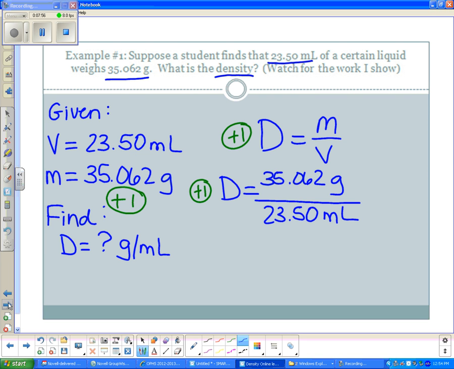Now we're down to our final part where we're going to do our calculation. This is a division step, so we'll take 35.062, divide it by 23.50, and what do we get for our density? Now be careful here because you have to remember to use your significant figures.